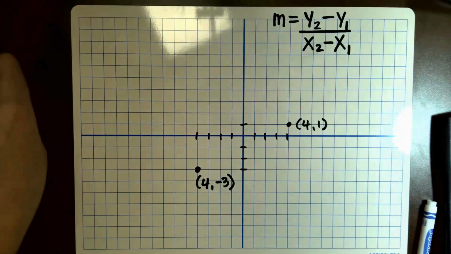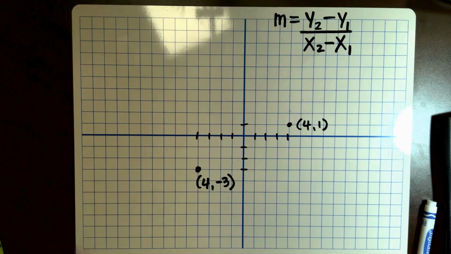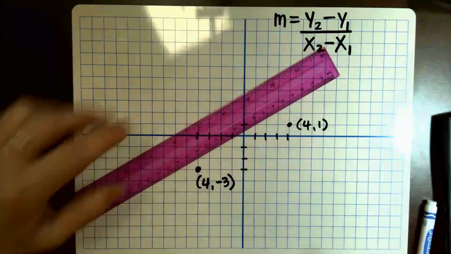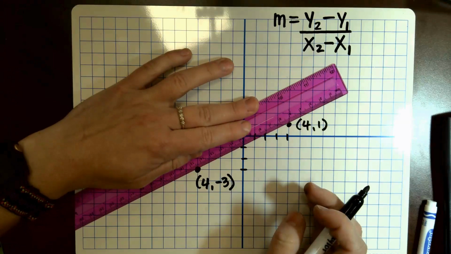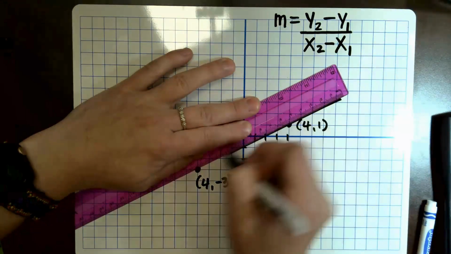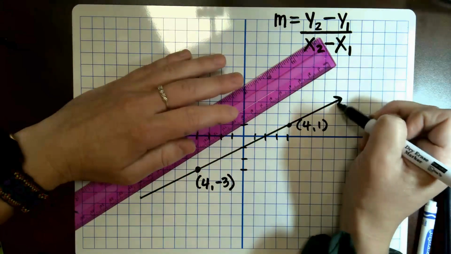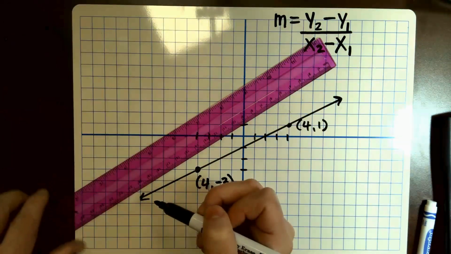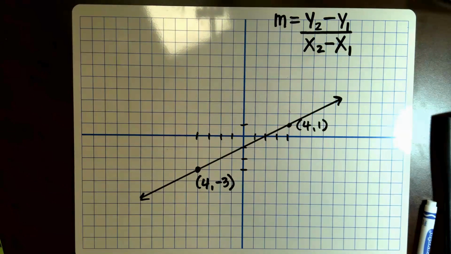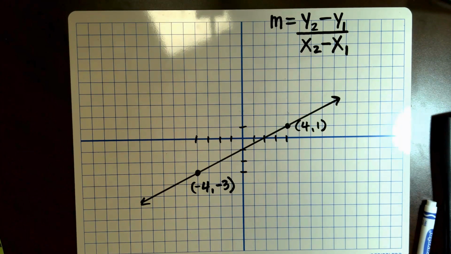Okay, I am going to draw this line, and then I want you to find the slope of it. Okay, and I'll pause the recording each time I give a new problem. Okay, so I did fix this point. It should be -4, -3.